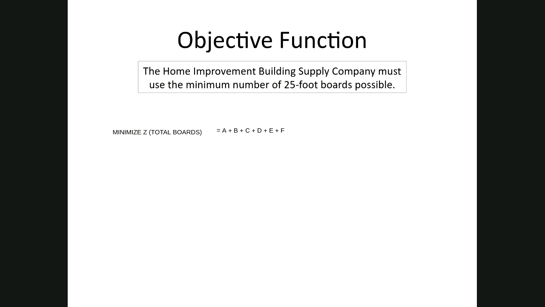It's the total number of boards used. And so A is the number of boards with pattern A, B pattern B, C pattern C, and so this sum represents the total number of boards used.